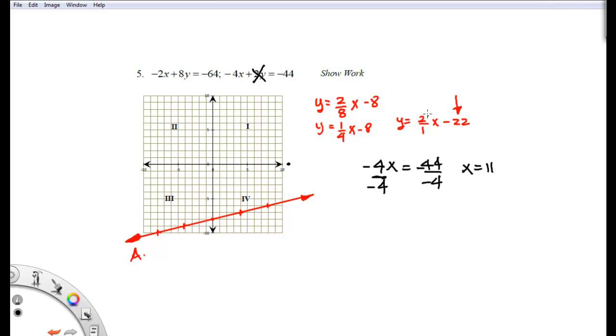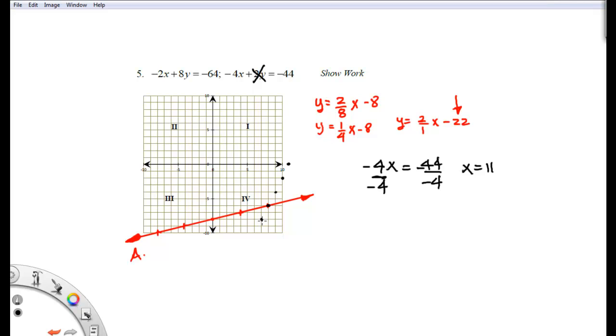Well, I also know that the slope here is 2 over 1. So I can't go up and to the right, but I can go down and to the left. So if I go down 2 over 1, that gives me 1 point that's on the graph. Now with that 1 point on the graph, I continue and I can find all the other ones. So down 1 over 2, down 2 over 1, down 2 over 1.